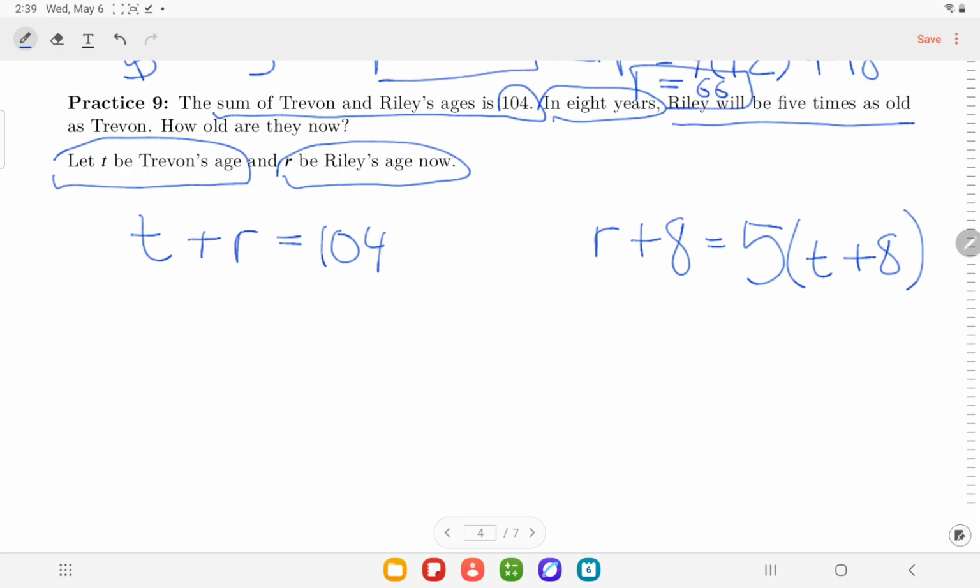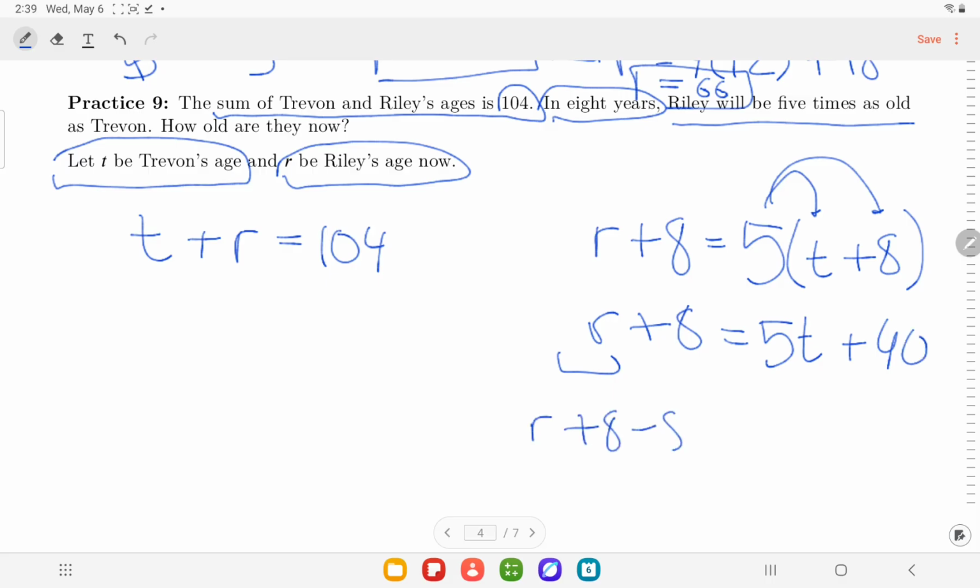So now we have 2 equations again. So we're going to simplify this one here to isolate for r. So here we use distributive property and we end up with 5t plus 40. And then we're going to isolate for r.